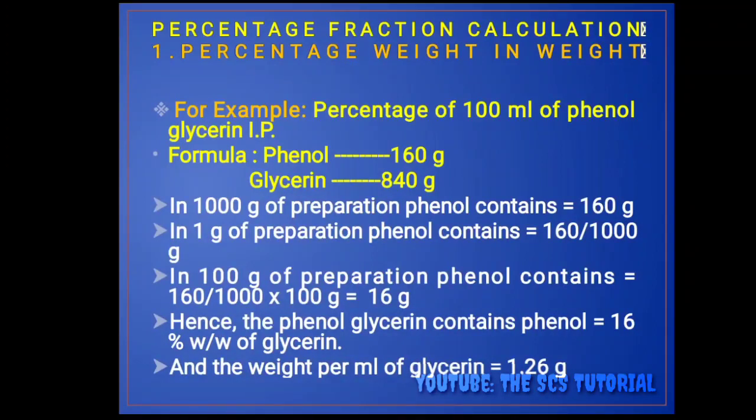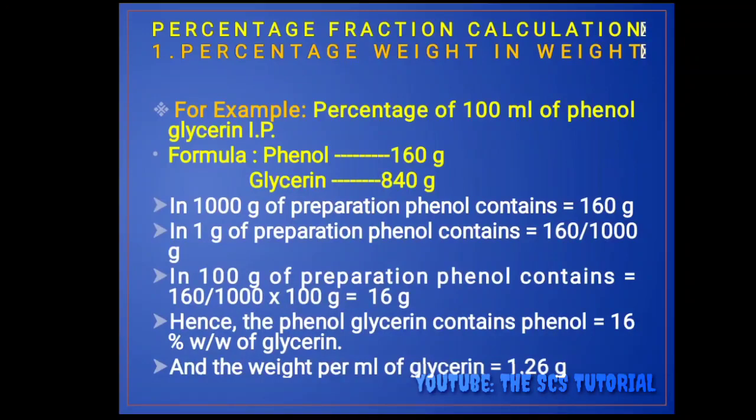So in 1000 gram of preparation, phenol is 160 gram, so in 1 gram of preparation we get 160 by 1000 gram of phenol. In 100 gram of preparation, phenol content is 160 by 1000 into 100, that is 16 gram. Hence the phenol glycerin contains phenol 16% weight by weight of glycerin.